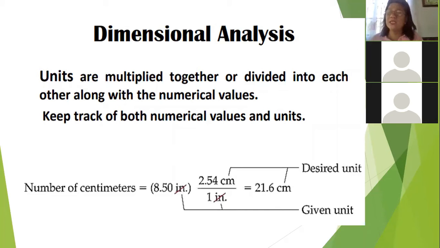The first one is to look for a conversion factor from meter to feet. Okay, 5 feet and 3 inches. The second, you will look for another factor and add it with the 3 inches. That 3 inches will be converted again into meter. Now, that is what is meant by dimensional analysis.